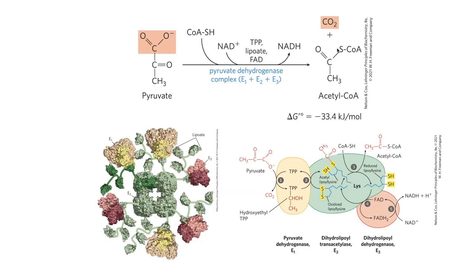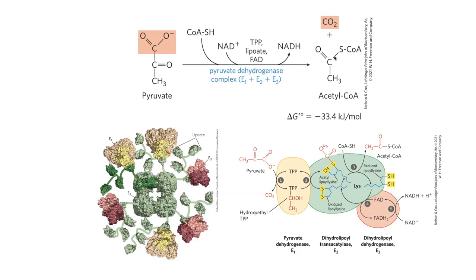Normally when we think about oxidation, we're thinking about forming a bond to an oxygen or something like that. Well, a bond to a sulfur is also going to be a form of oxidation because sulfur is more electronegative than carbon. So if you were to break this bond, the electrons would go with the sulfur rather than with the carbon. So we say that carbon has been oxidized.